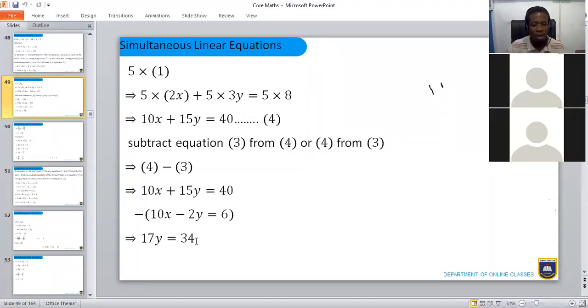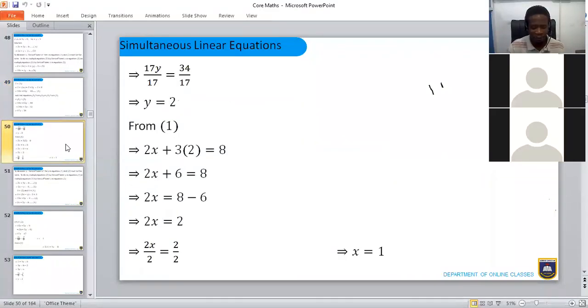So we are looking for y. You have to divide both sides by 17. When we divide both sides by 17, we have y equal to 2. I hope you're okay now. Yes, please. So just go and substitute y equals 2 into any of the equations, either equation 1 or 2, to find x.